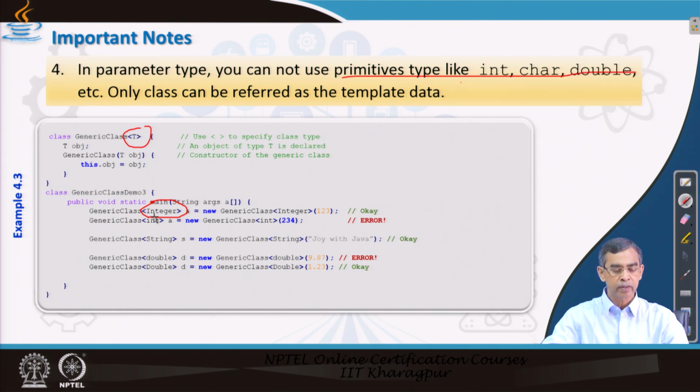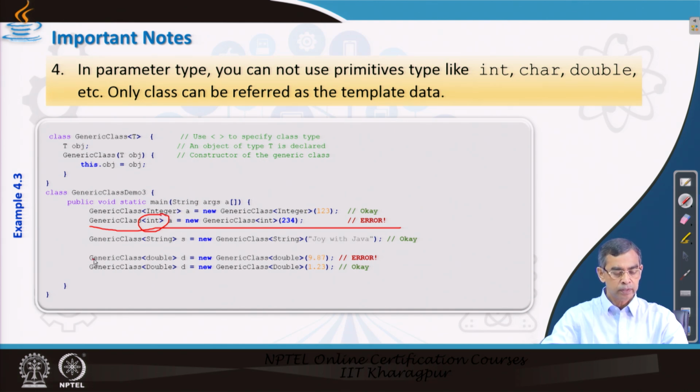That means here you cannot create int or char or double. This is basically, as you see here in this example, this is not an error because of this one.